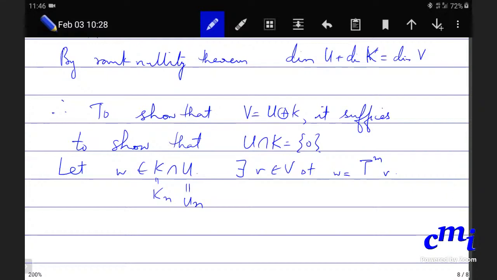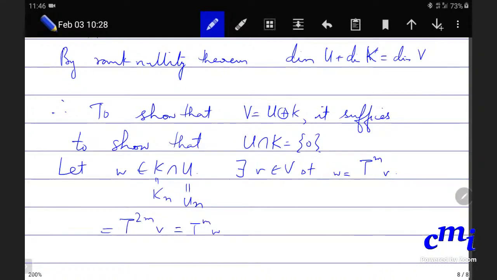But w is inside K also. We want to show that w is 0. So let us now apply T^m to w.